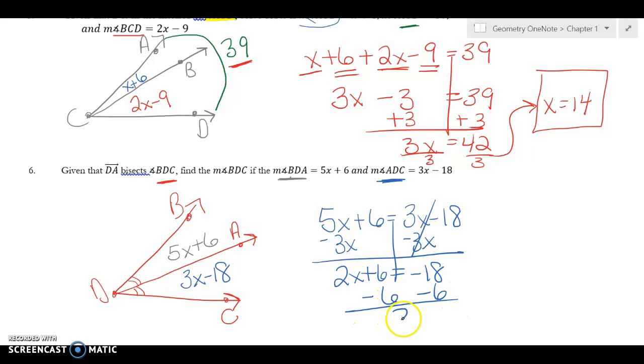Minus 6 on both sides, so I get 2x is negative 24. And so I divide by 2. Now, usually you don't have a negative. I believe that I have made a mistake and I wrote a bad equation. So to fix this, let's go ahead and change this to a plus 18. And I'll double check them more when you have tests and stuff, so I do apologize for that.